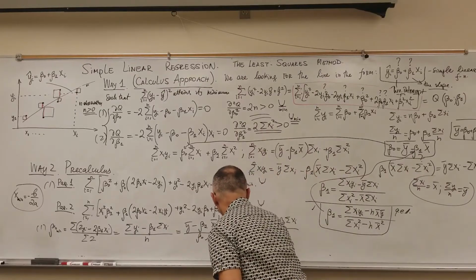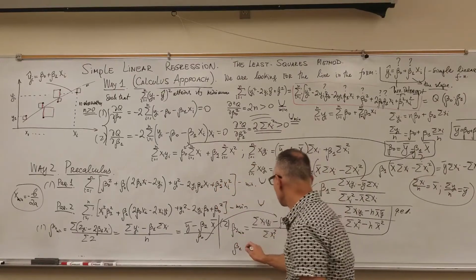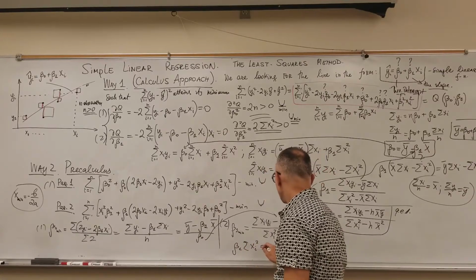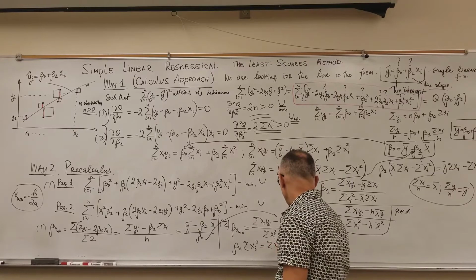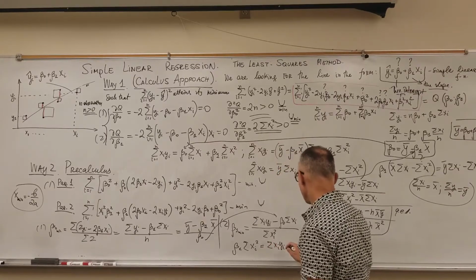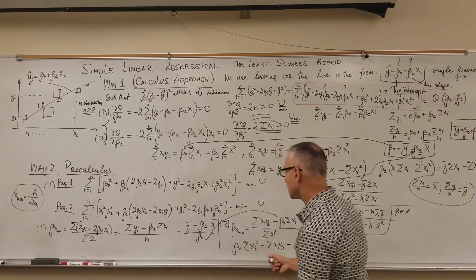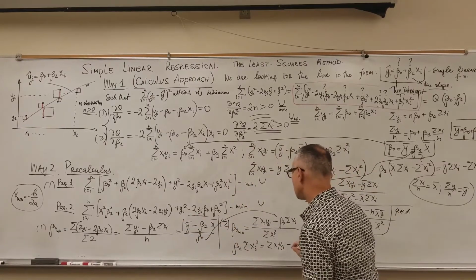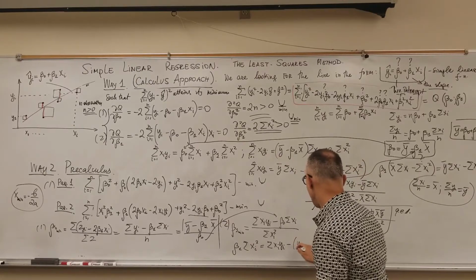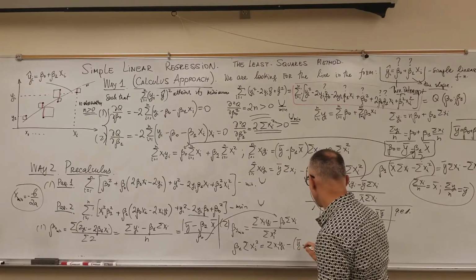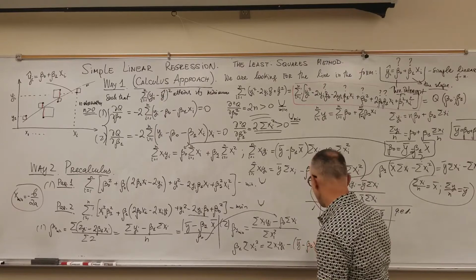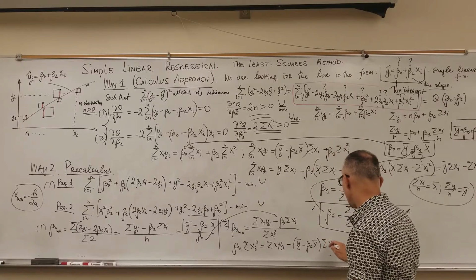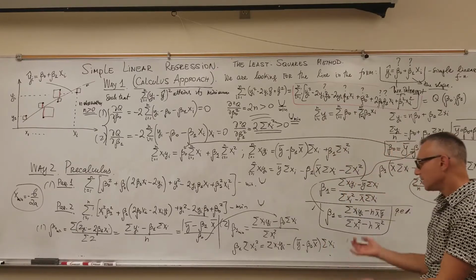So beta 1 minimum times the sum of xi squared is equal to the summation of xi yi minus beta 0, which from calculus is y bar minus beta 1 x bar, multiplied by the summation of xi.